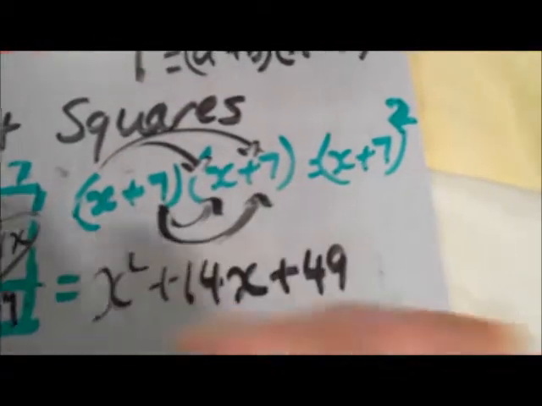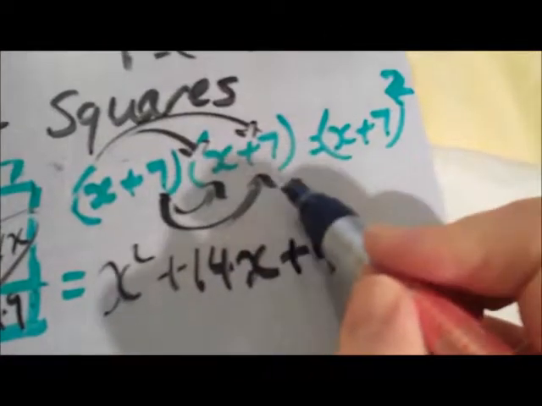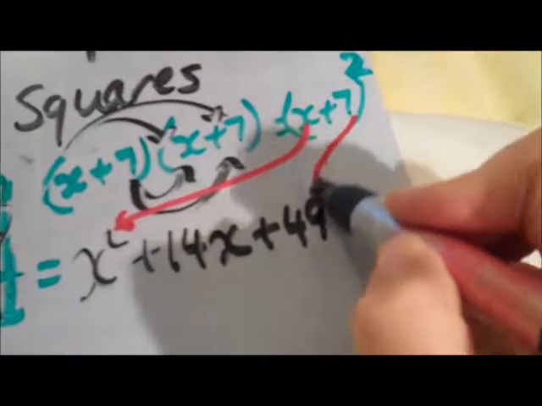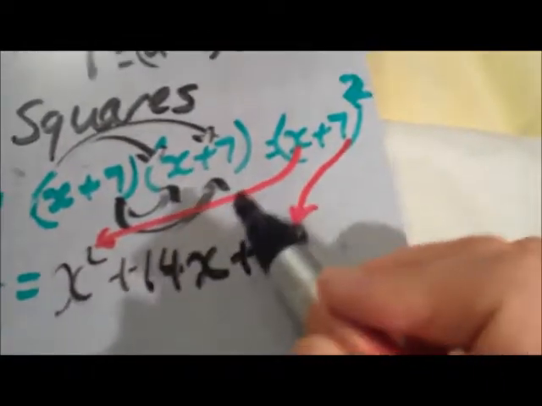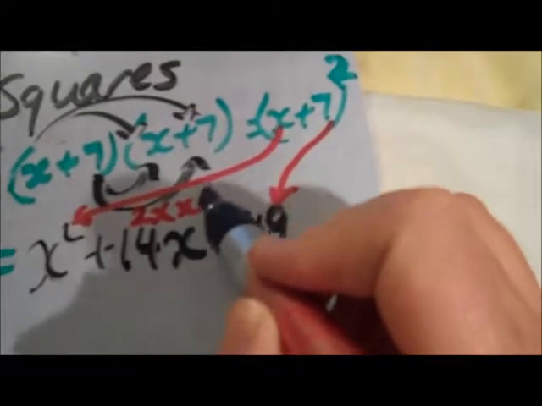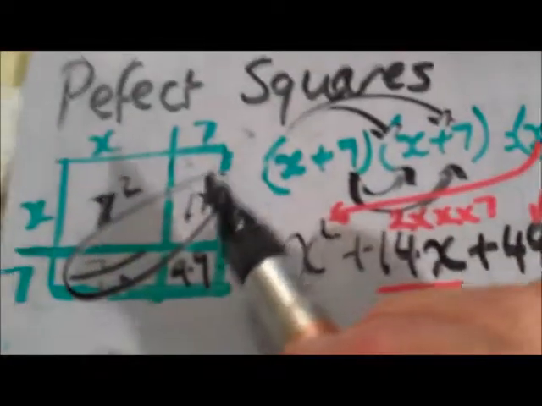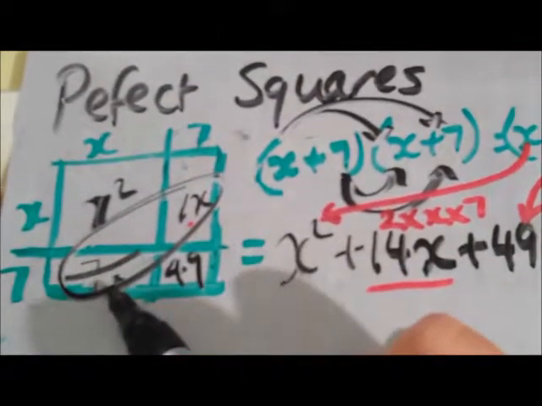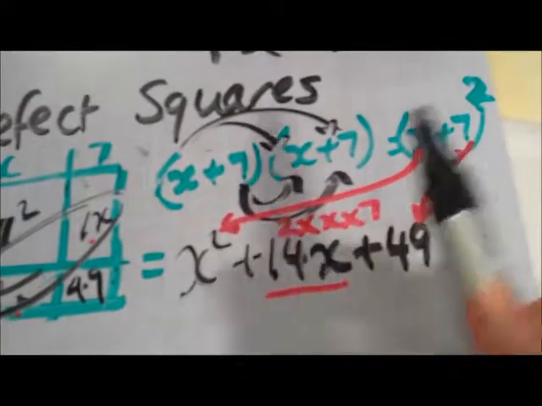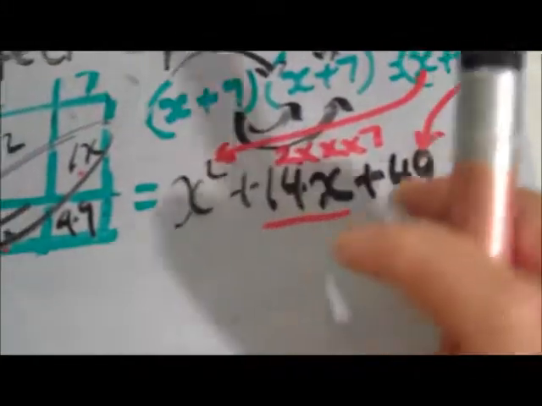And if you look at the pattern that comes from that, well, it's the first term squared, it's the last term squared, and it's 2 times x times 7 in the middle, because that's where I had this rectangle and this rectangle. So it's 2 times x times 7, which is 2 lots of x times 7, or 14x.